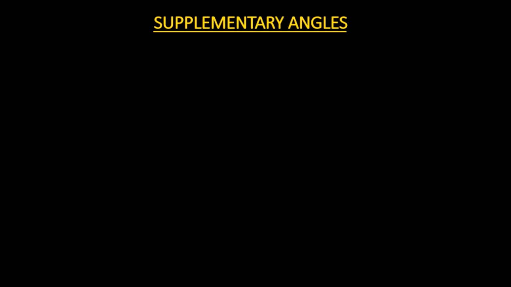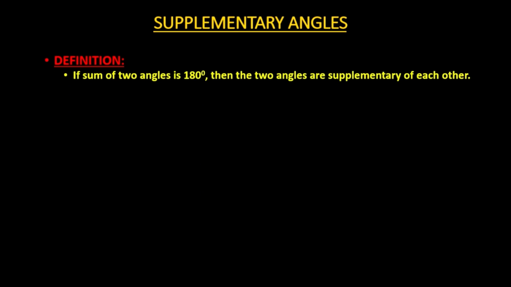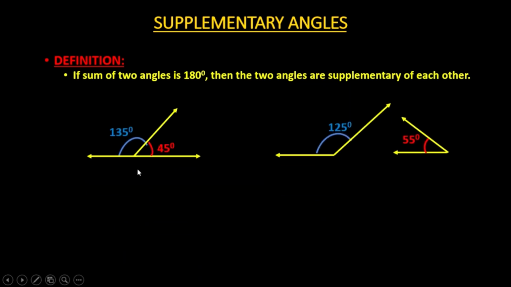Supplementary angles. It is similar to complementary angles. If the sum of two angles is 180 degrees, here you have to be very careful, the angle is 180 degrees, then the two angles are supplementary to each other. In the first diagram, 135 degrees plus 45 degrees gives 180 degrees.